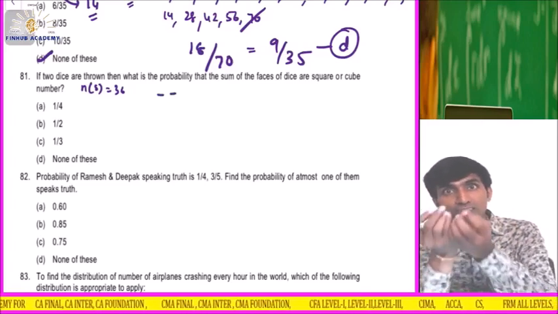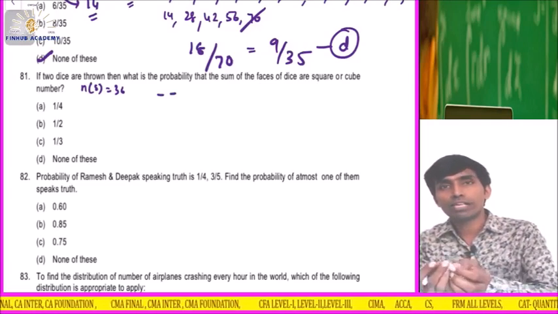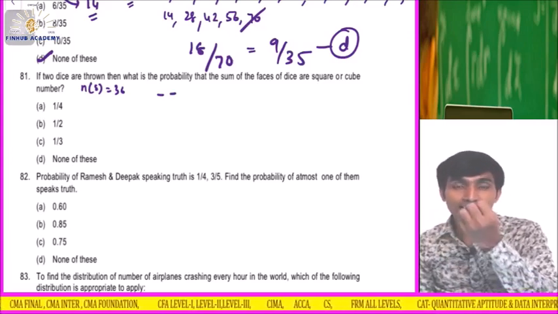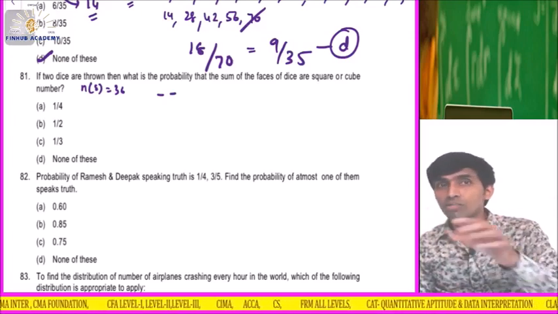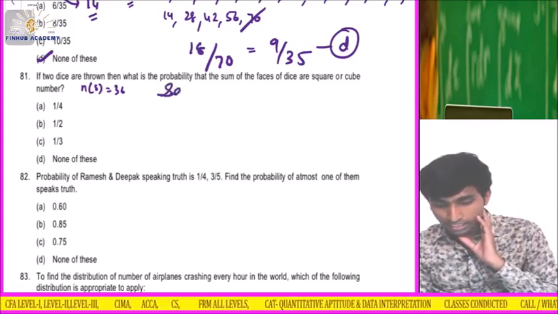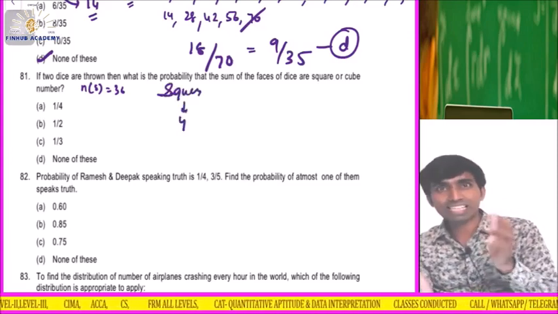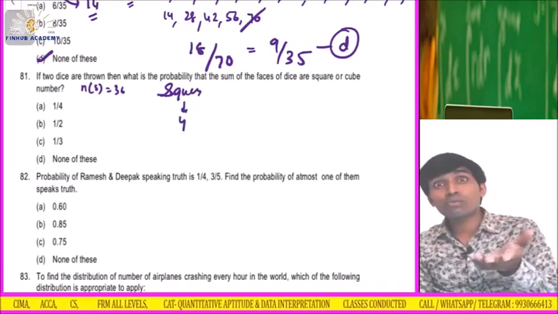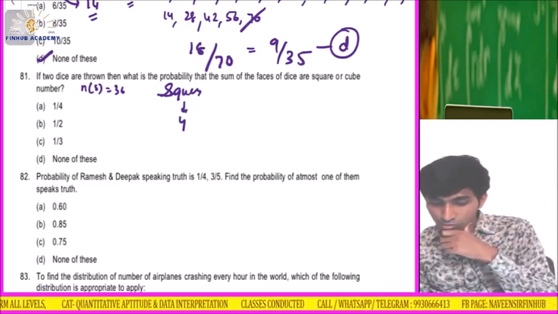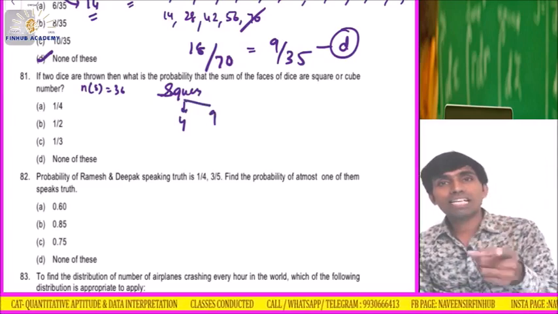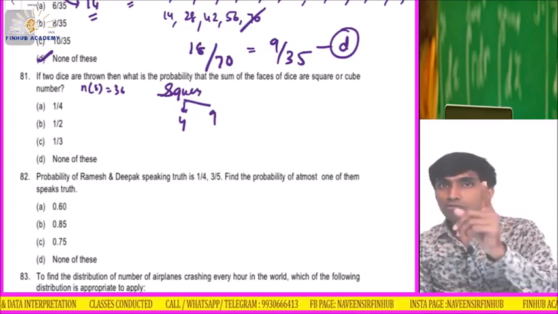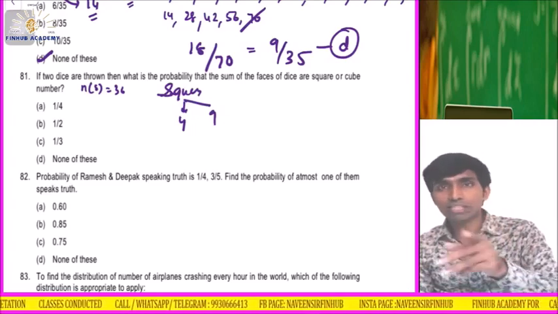When I throw the 2 dice, the faces give me 2 numbers. 1 square is 1, but the minimum the dice can give is 1 plus 1, which is 2, so 1 square can't be taken. 2 square is 4, so the sum should be 4. 3 square is 9, and 9 can also come in the total. 4 square is 16, but the maximum is 6 plus 6, 12, so 16 is not possible. So the squares are 4 and 9.